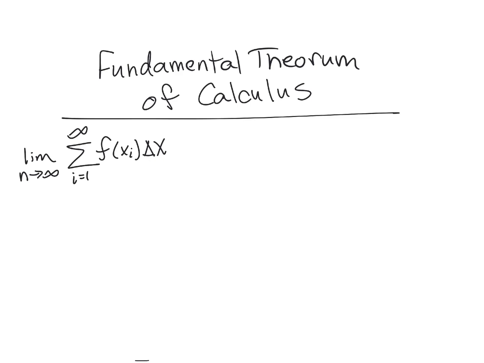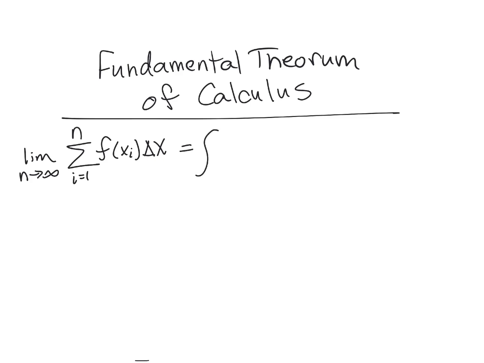Hold on. We're taking the limit as this goes to infinity. This is the y value, that little script right there. We're going to start at the first one and go all the way to the infinite one. This is just the y values of each rectangle times the width of each rectangle. Height times width is area. You're adding them all together. So this is just the area underneath the curve.